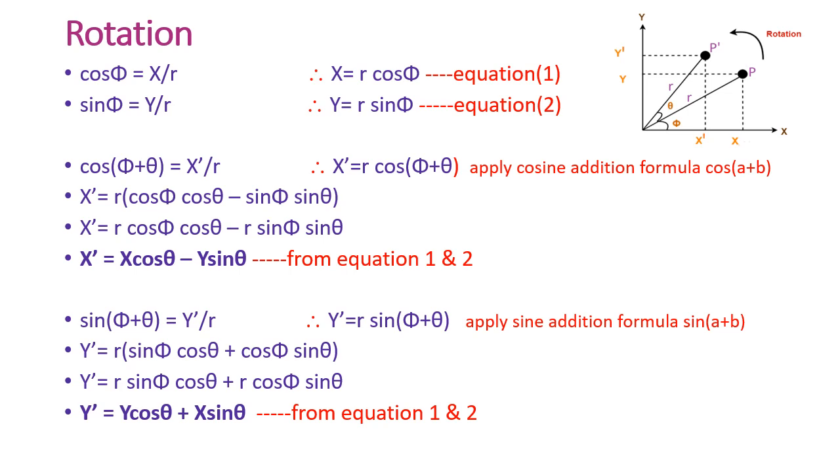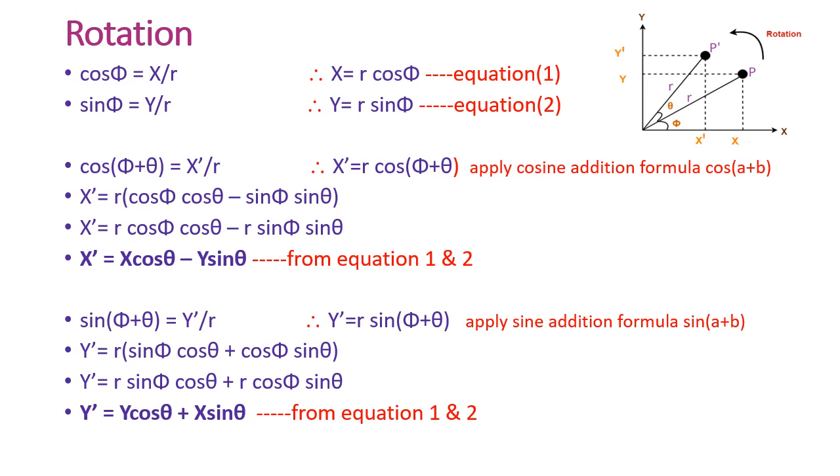Now multiplying r into this bracket, we get x dash is equal to r cos phi cos theta minus r sin phi sin theta. Now from equation 1 and 2, we put the values of r cos phi and r sin phi. So we get the equation for x dash as x dash is equal to x cos theta minus y sin theta. So this is the equation for the new coordinate x dash.